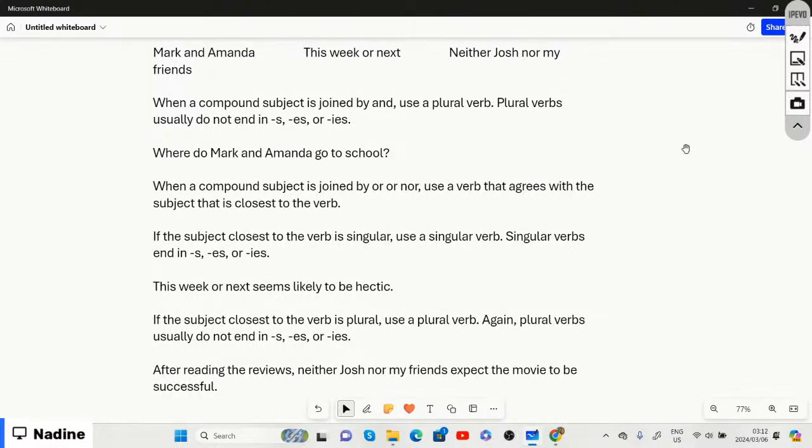That is, when a compound subject is joined by and, we use a plural verb. For example, when do Mark and Amanda go to school?